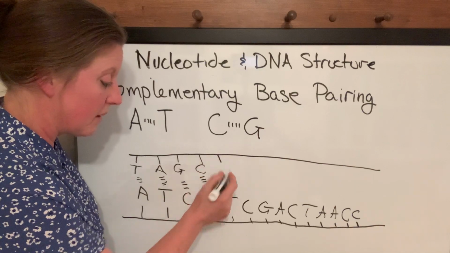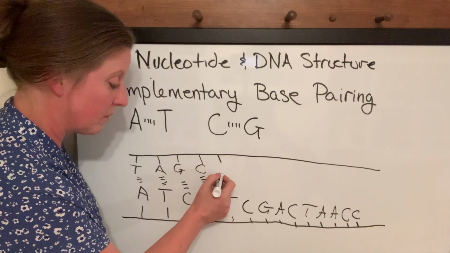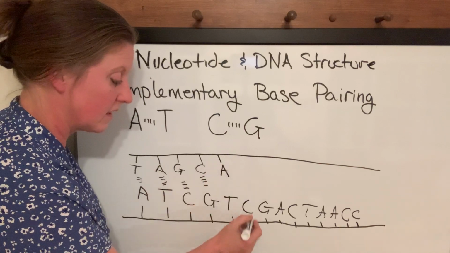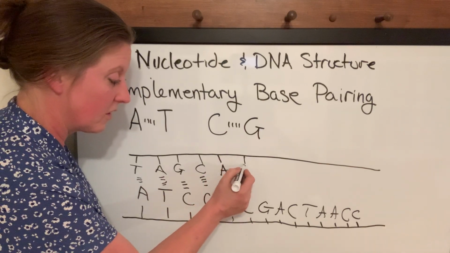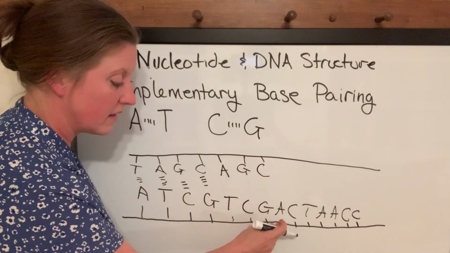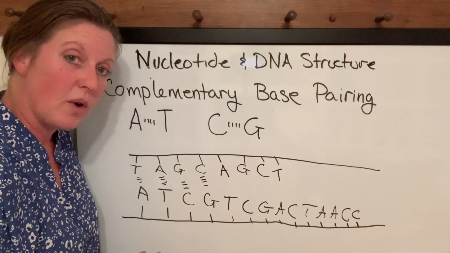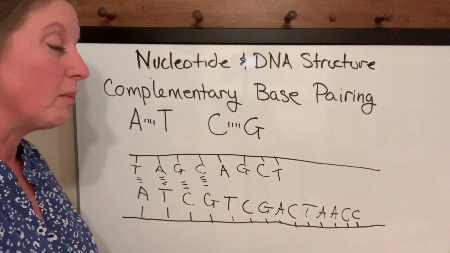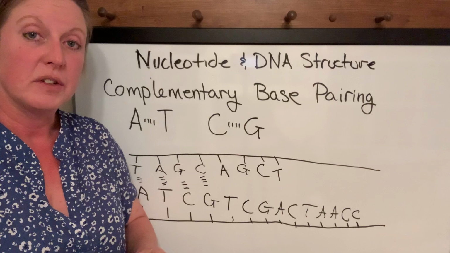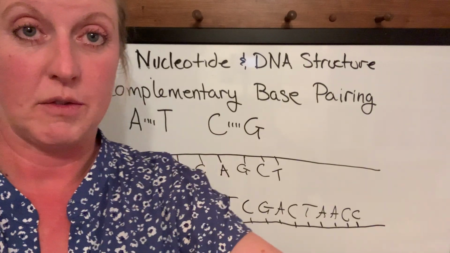Then I should be able to predict what's on the opposite strand. So across from thymine goes adenosine. Across from cytosine goes guanine. Across from guanine goes cytosine. Across from adenosine goes thymine, and so on. Right? That's complementary base pairing. And understanding this is essential for understanding the process of DNA replication.